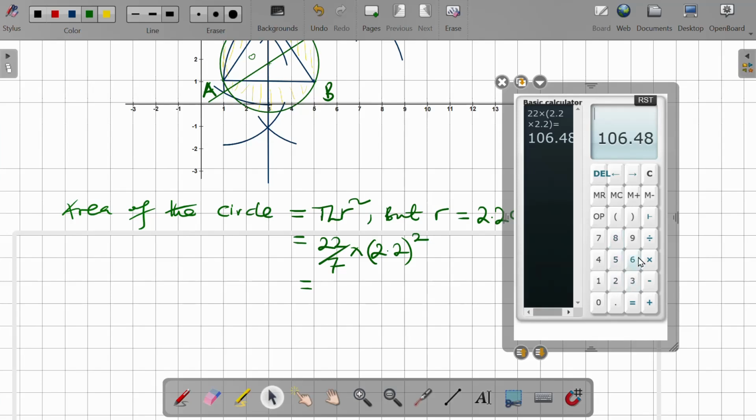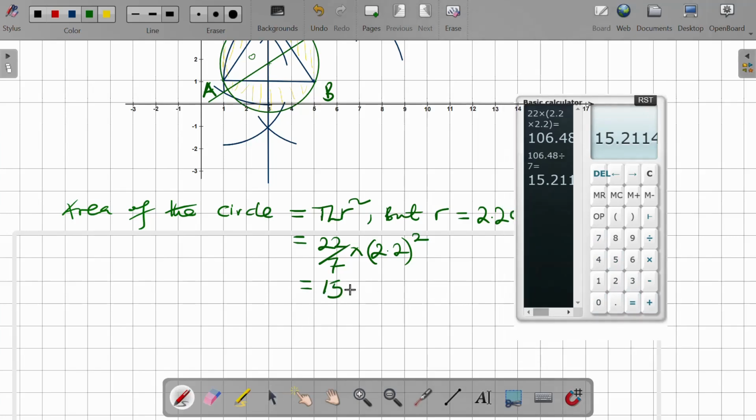Then I'm dividing the answer, 106.48 divided by 7, giving me the answer as 15.21 centimeters squared, because it is area. So this is the area of the circle.